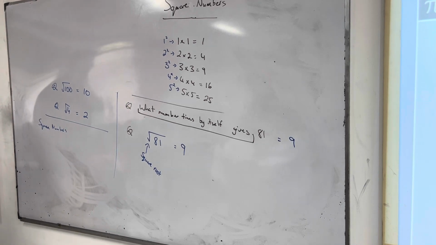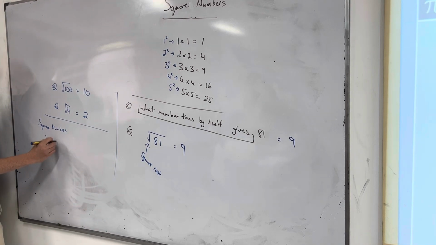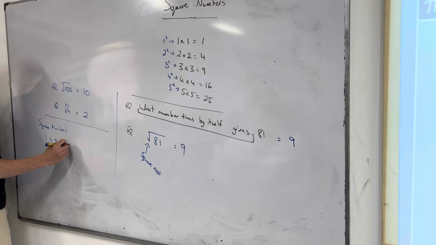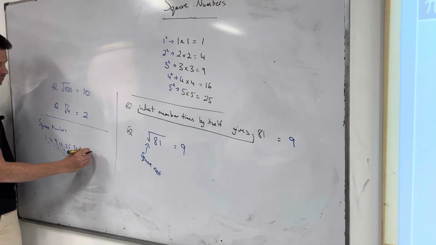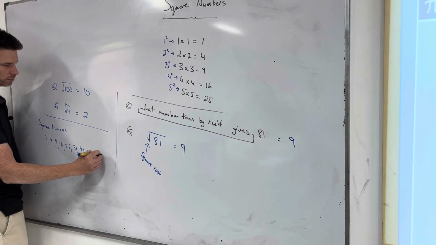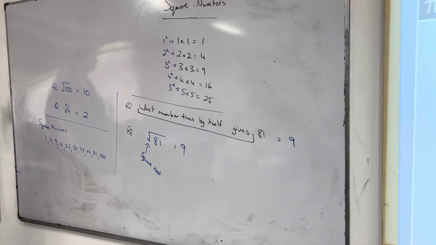Kiki goes first. Okay, go. 64, 81, and 100. Very good. So it's just 1 times 1, 2 times 2, 3 times 3, 4 times 4, 5 times 5. And these all have square roots.